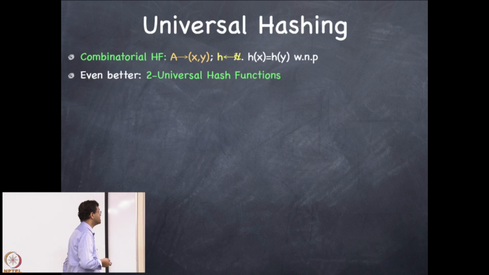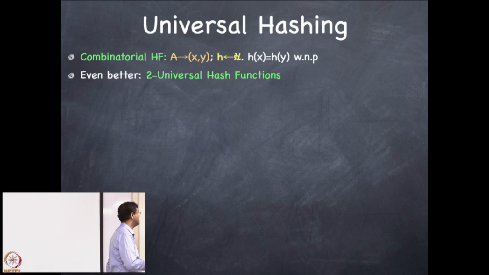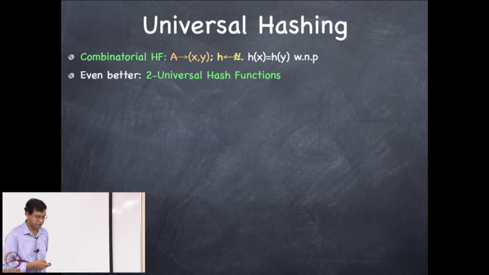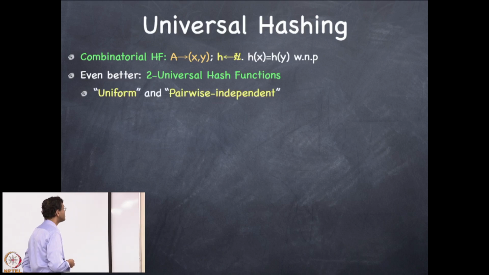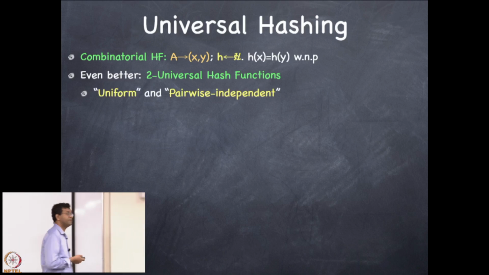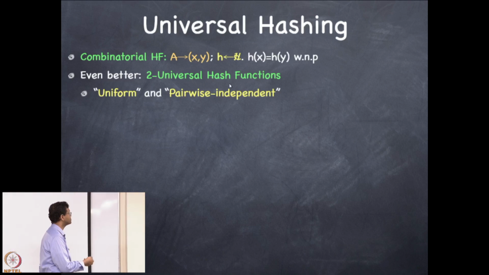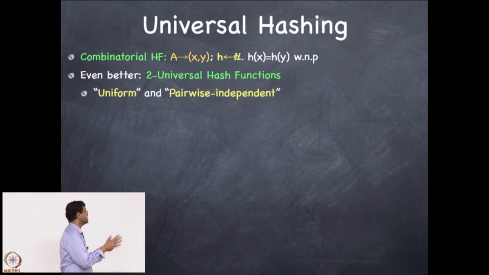This universal hashing has a nicer structure to it. It asks for some smoother properties, and those properties are uniform and pairwise independent. The two in two-universal stands for pairwise independence. So two-universal is just a short form for these two properties.